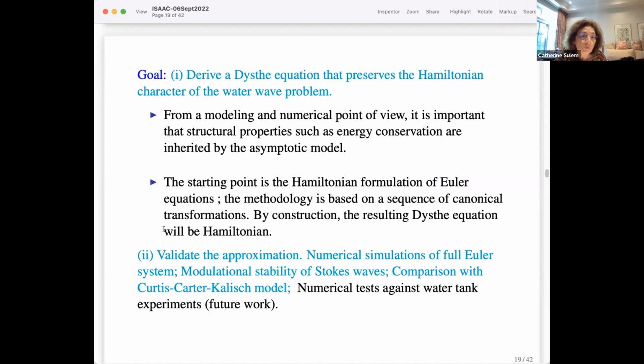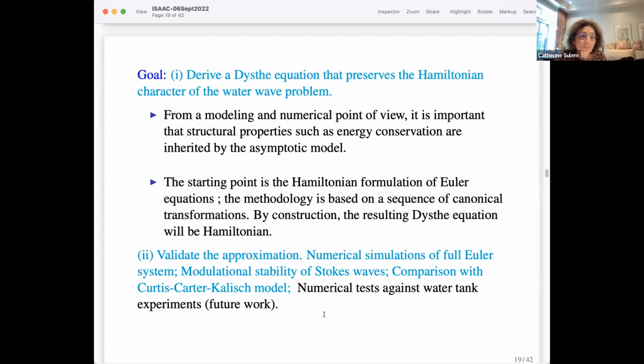In order to compare and validate our approximation, we did numerical simulations against the full Euler system.